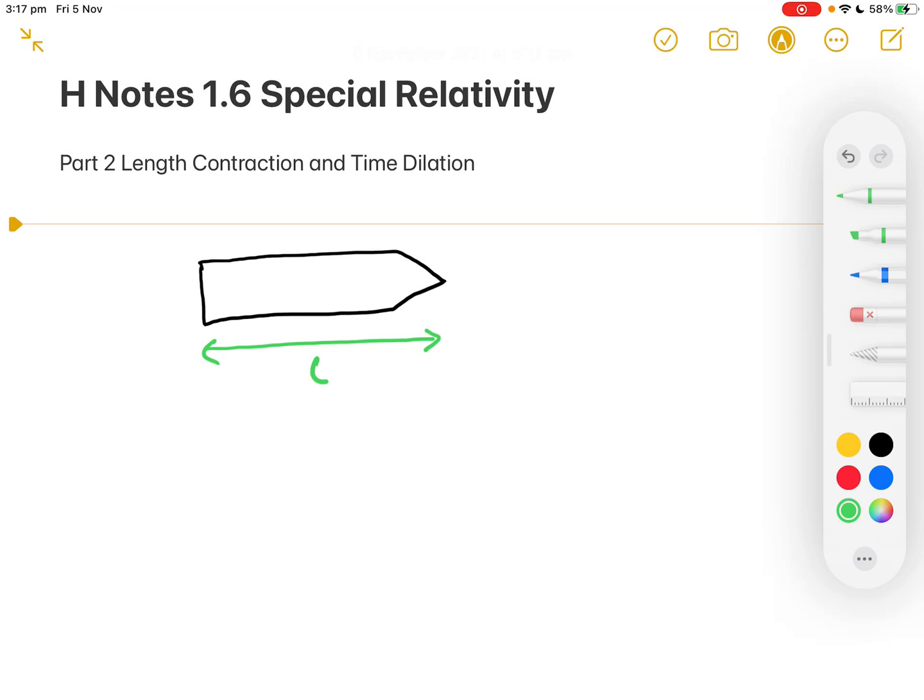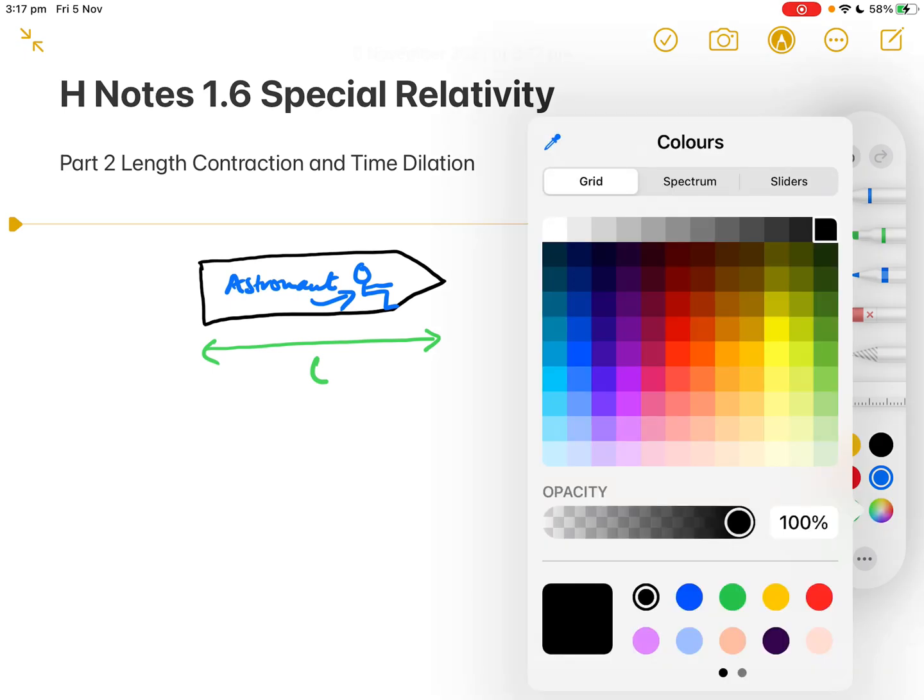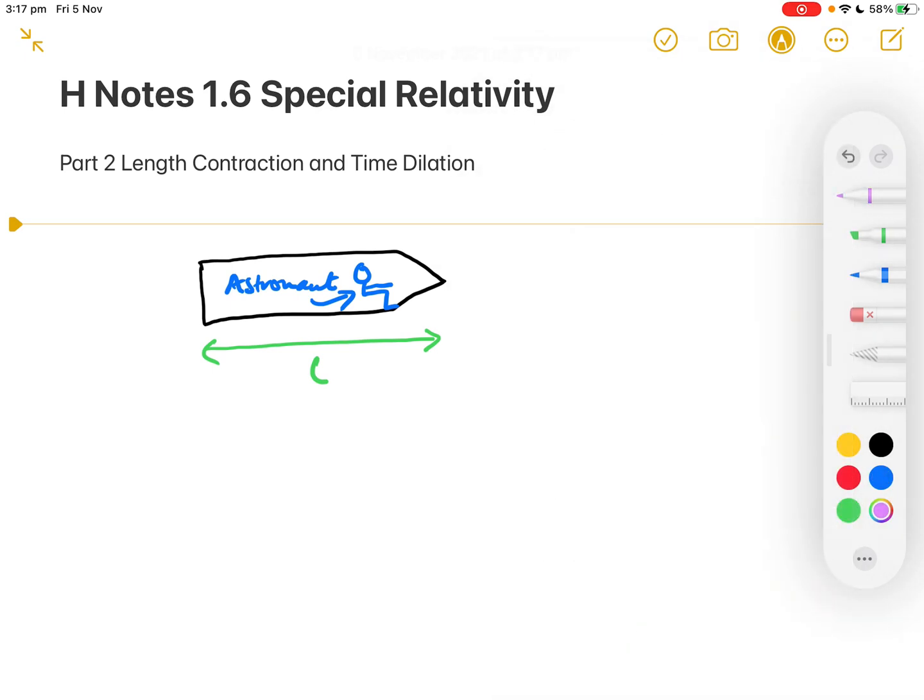Well, we're imagining that we've got an astronaut on the spaceship. There he is. And we're also imagining that outside of the spaceship we have what we'll call a stationary observer. He's on the Earth.